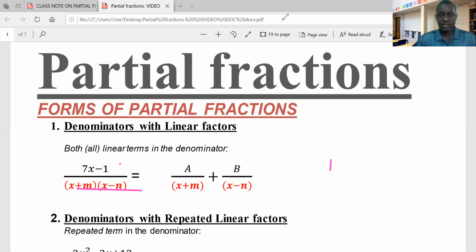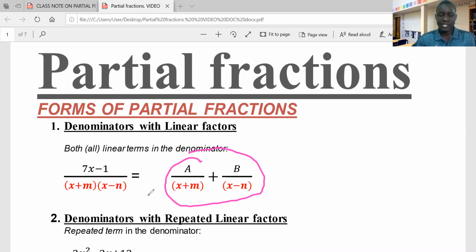I'm talking about the addition of these two fractions could give this. Assuming the values of a and b are given, and those of m and n are also given, we can sum them together to give us this fraction on the left hand side.